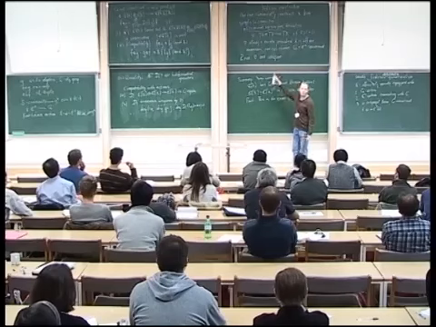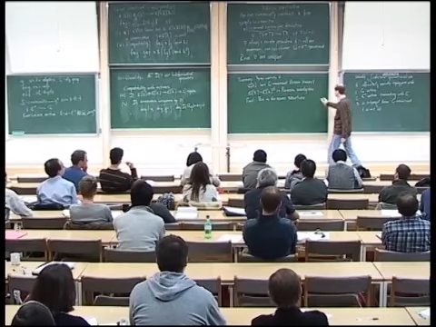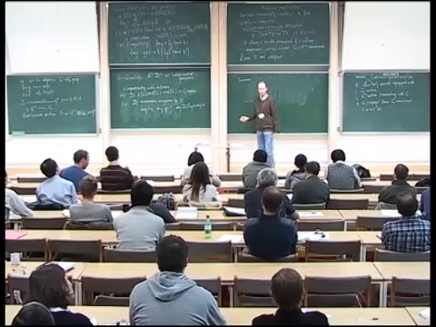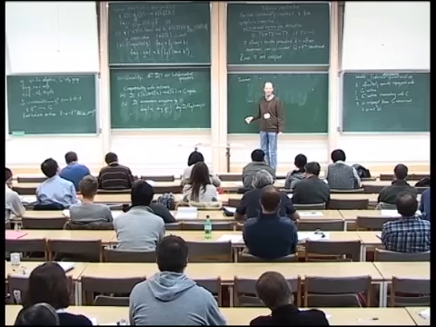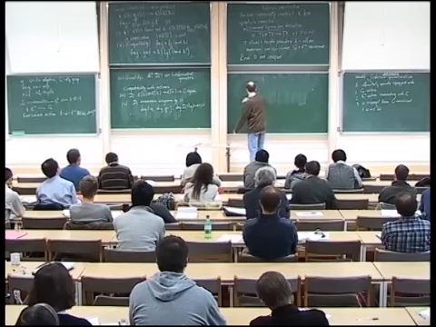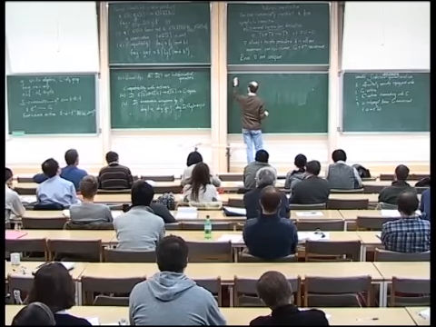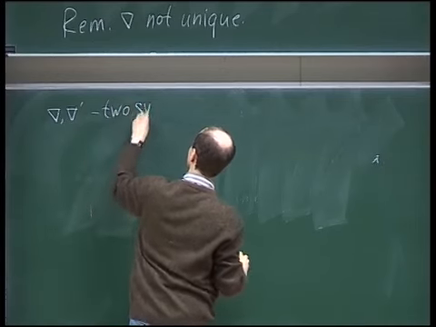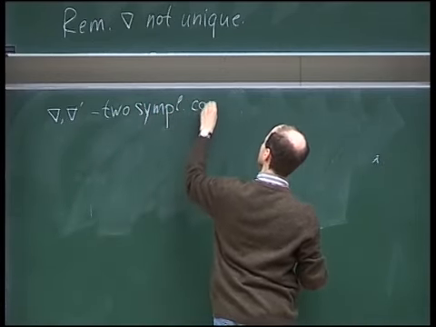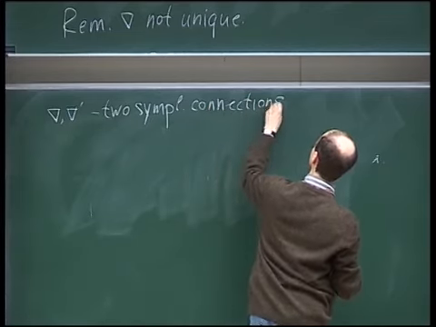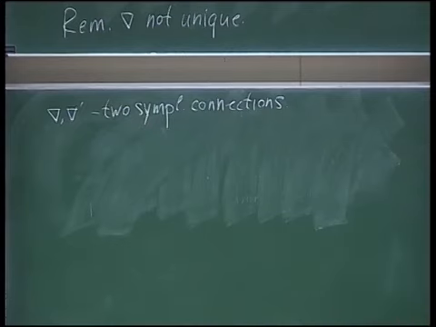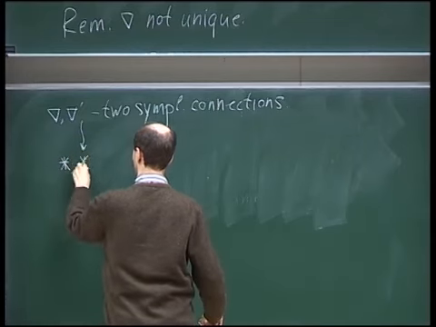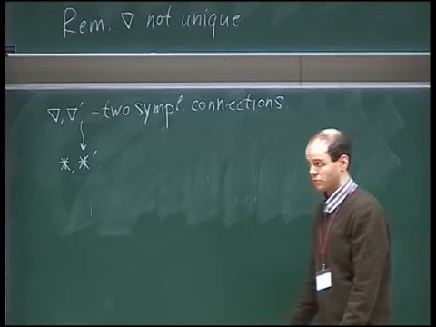Okay, I need to make one more remark. We have whatever symplectic connection we have on a variety, so we construct different star products. But the point is that these star products are not that different. Namely, let nabla and nabla prime be two symplectic connections, and I construct two star products, star and star prime. Then the claim is this.